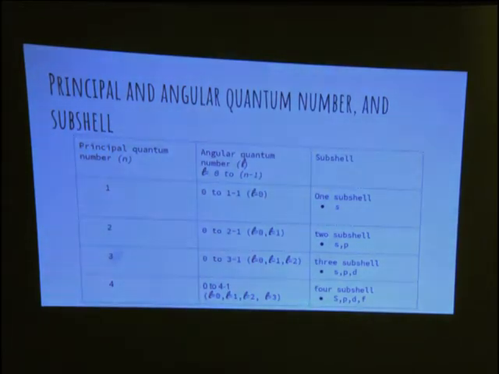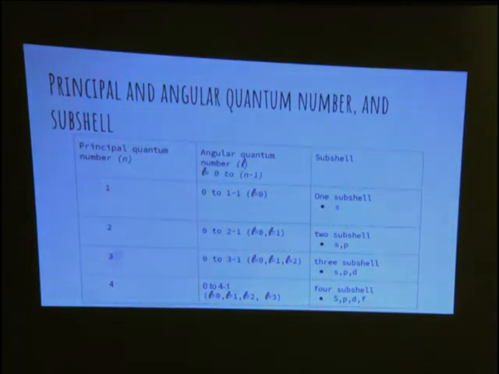Let's have a look at the principal quantum number 2. Using this formula, we can clearly see that angular quantum number has 2 values, l is equal to 0 and l is equal to 1, which means it has 2 subshells. And what are those 2 subshells? They are s and p. So p subshell starts only from principal quantum number 2.